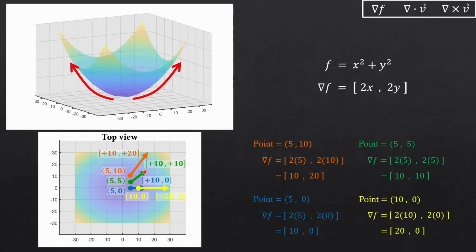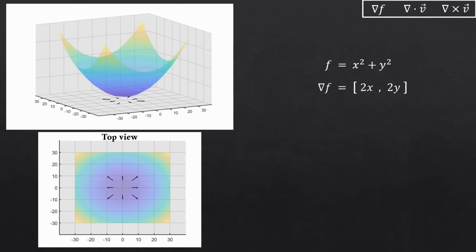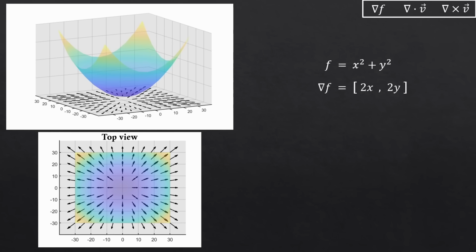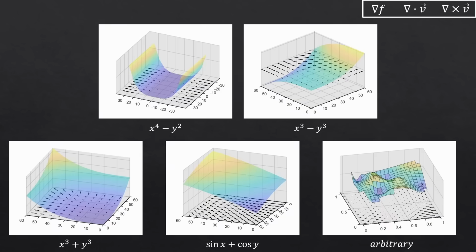These arrows are too large, so I'll just resize them and also show all the other vectors. Look at this. It seems like all the arrows are pointing toward the higher regions, the higher scalar values. I've brought some other scalar fields. You see all the vector fields shown with arrows are pointing toward higher regions.